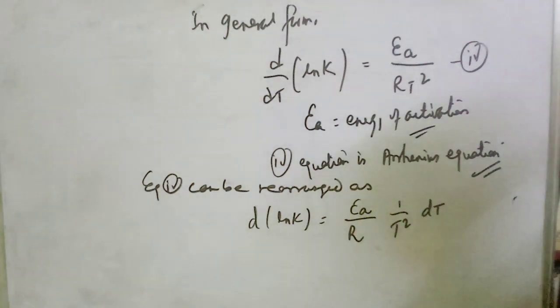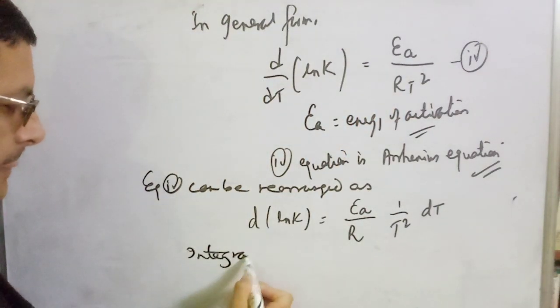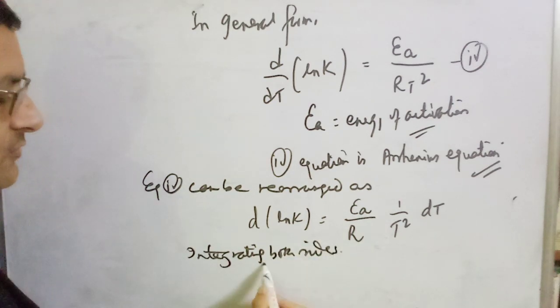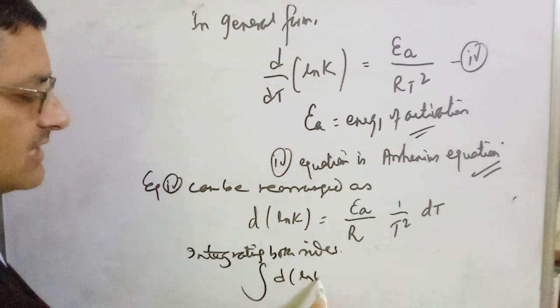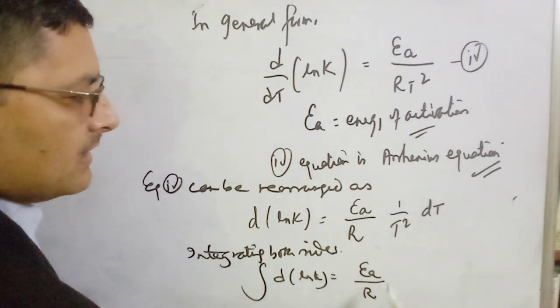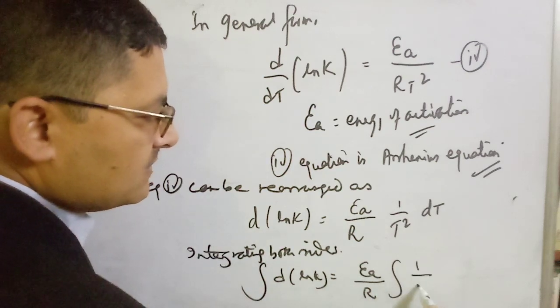Then integrating both sides. Now let's integrate. The integration of d ln k equals EA upon R times the integration of 1 upon T square dt.